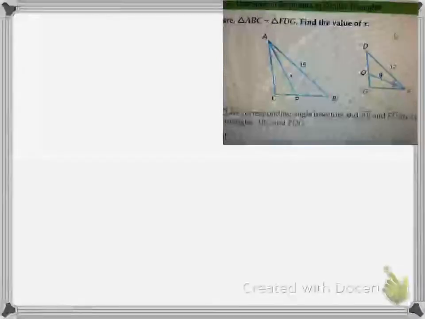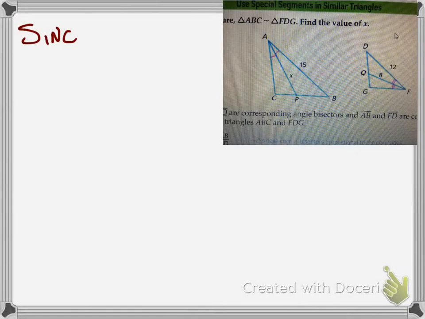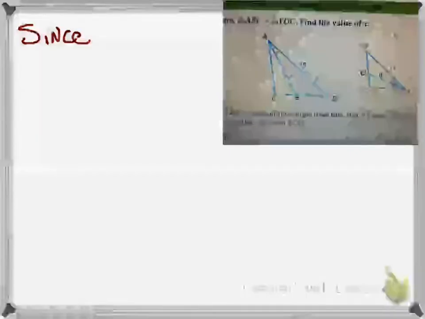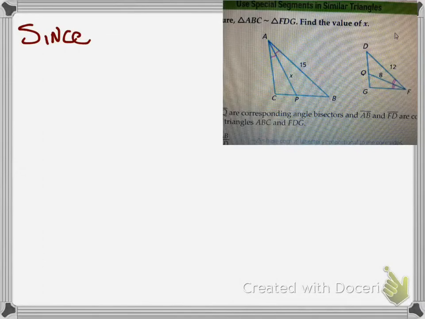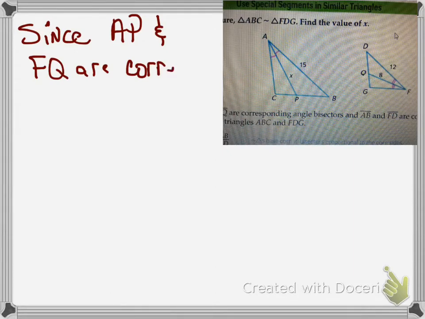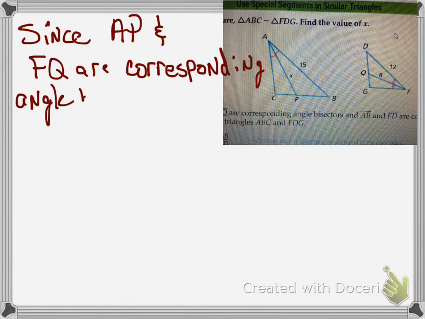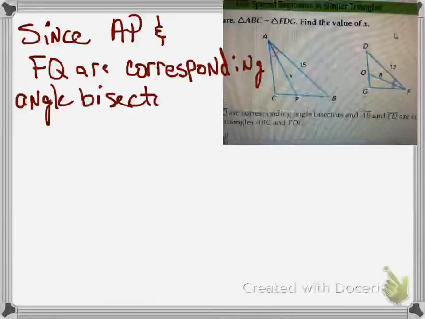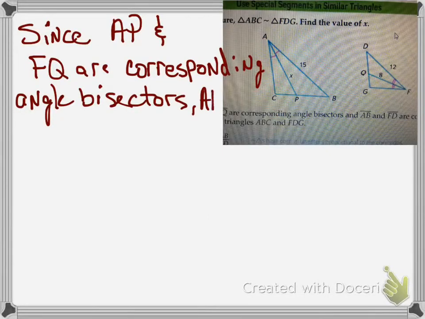So here I want to find x. This is an angle bisector. Now, first off, I'm telling you that ABC is similar to FDG. And since AP and FQ are corresponding angle bisectors, they are proportional with the triangle.